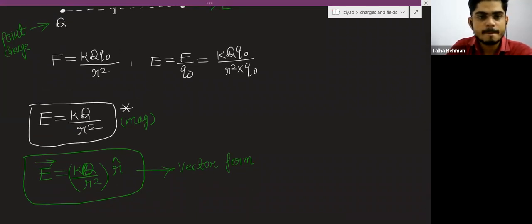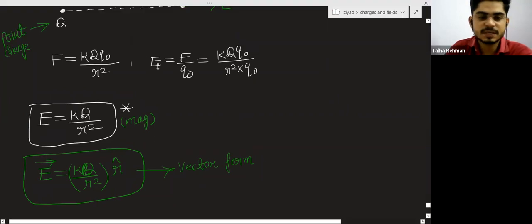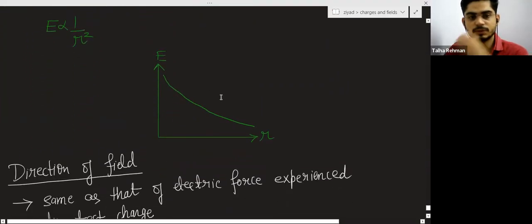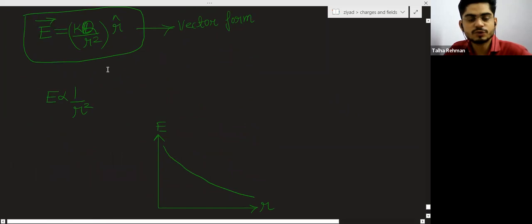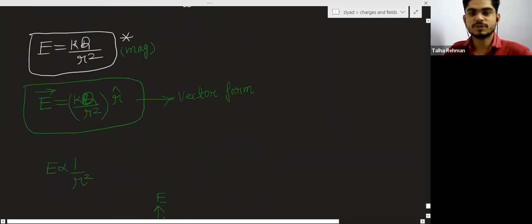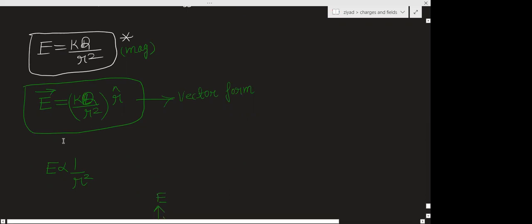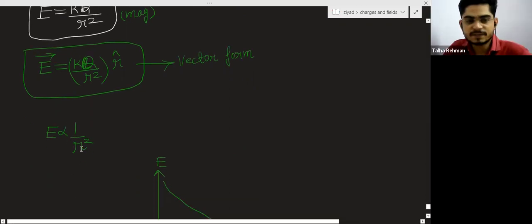Now we will discuss some questions. I have also told you this K is constant, charge remains constant, but if you change the distance, then as you increase the distance, the electric field will decrease.